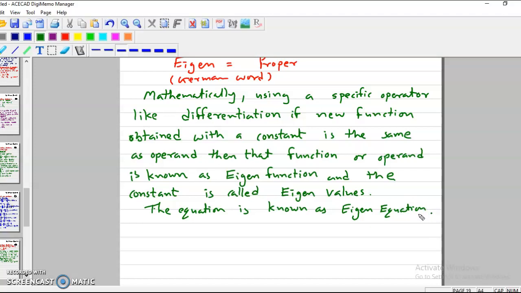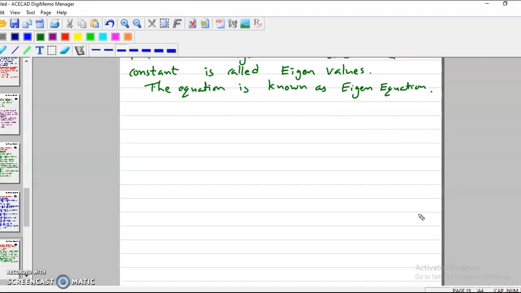As for example, d by dx e raised to phi x. This equation is given here. D by dx is known as operator. This e raised to phi x is known as eigenfunction.